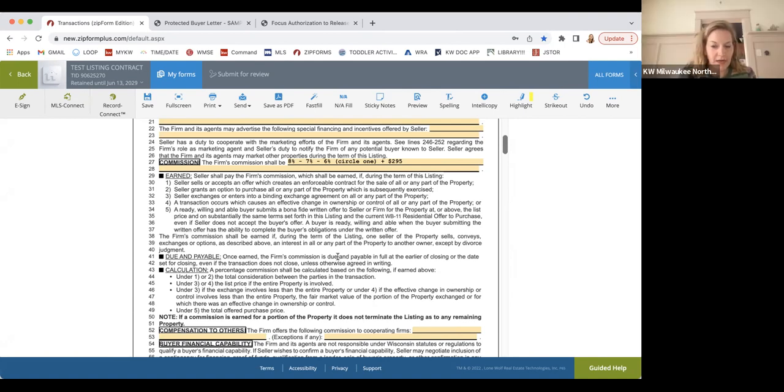Yes. And then we threw in the $295 there. It's considered additional commission on these lines, but the reason why we have that there is because as listing agents in the brokerage, we are paying a $295 fee back to KW for every listing that we have.